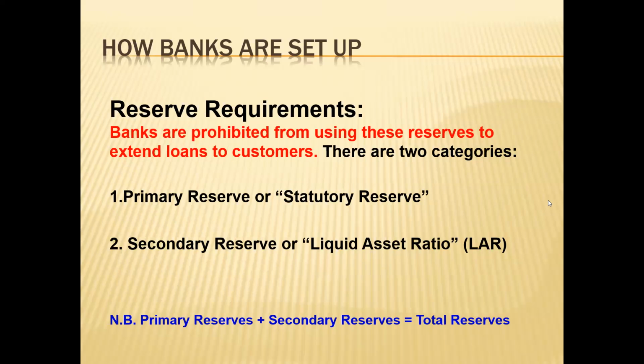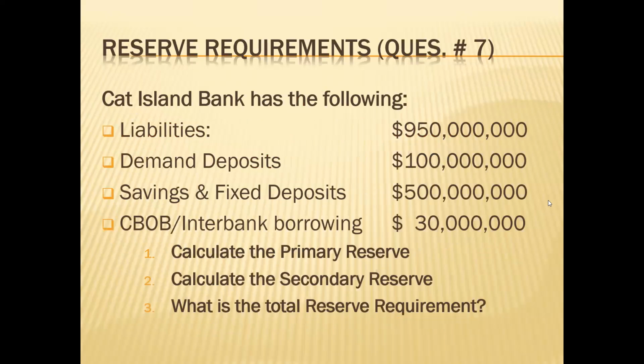All right. And then we looked at question number 7 at the end of the chapter, talking about Cat Island Bank. And we said that they had $950 million in liability, $100 million in demand deposits, $500 million in savings and fixed, Central Bank of the Bahamas or interbank borrowing of $30 million. And you actually calculate the primary reserve, calculate the secondary reserve, and then we are asked what is the total reserve requirement.